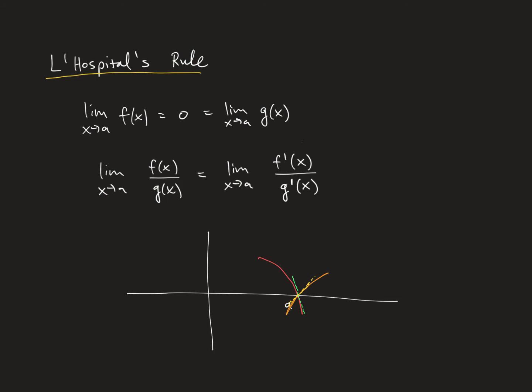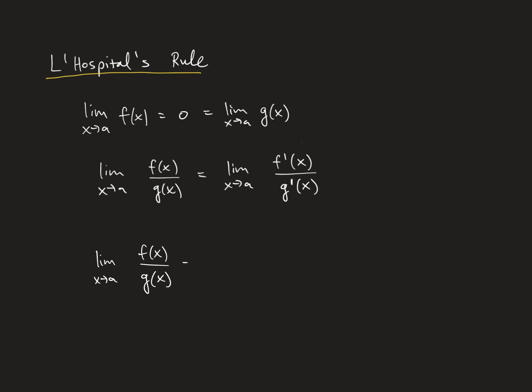And so we can make this a little bit more precise with a kind of ad hoc calculation, or maybe I should say naive calculation. So if we take this f of x over g of x, well, our function is effectively 0 at a. So let's just assume our function actually takes the value 0 at a, so it's continuous at a.